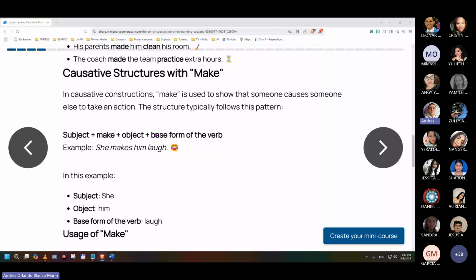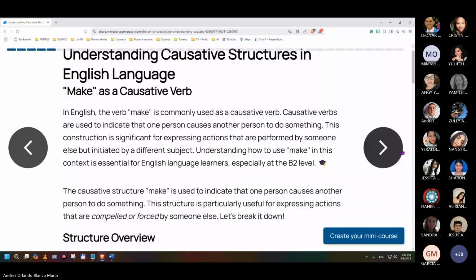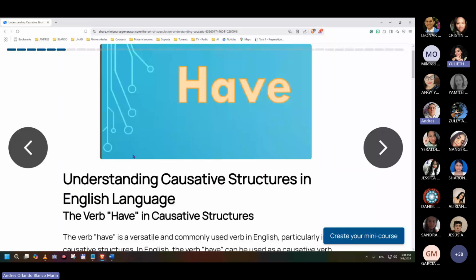So the verb tense would be here in the verb make: will make, makes, had made. This is the review. Now, the second verb that we're going to discuss is have. Have as a causative verb.